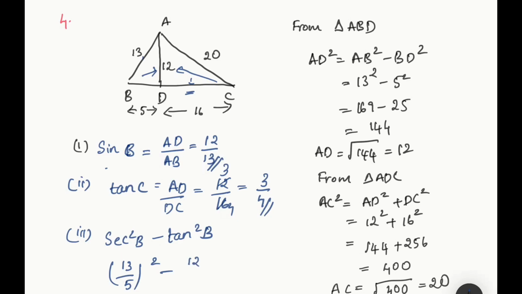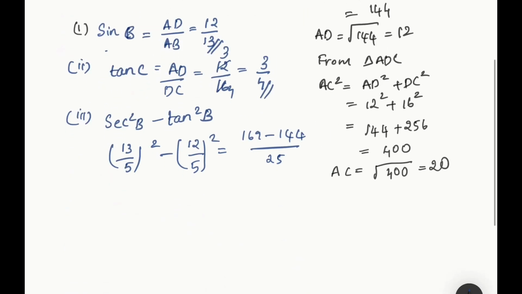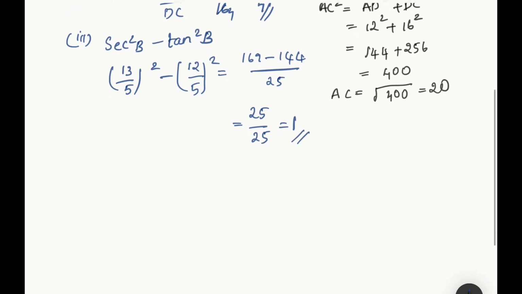Perpendicular for tan B, angle B is 12. So 12 by 5 whole square. It's equal to 169 minus 144 by 25. So 169 minus 144 will give you 25 by 25 equals 1. So sec square B minus tan square B is equal to 1.